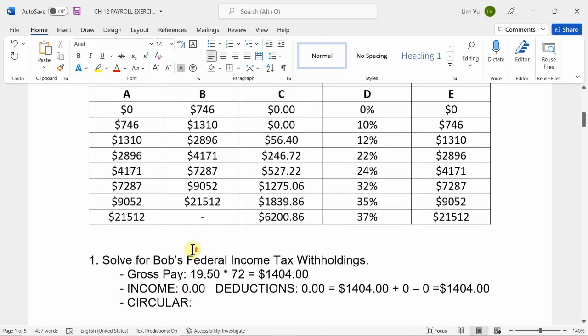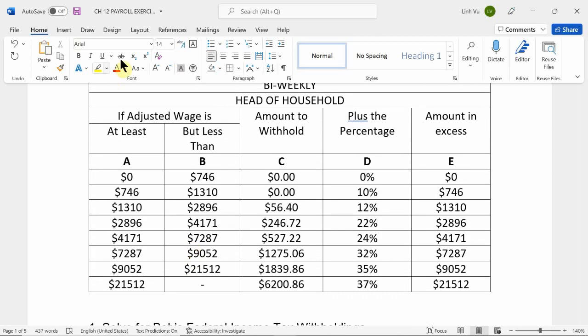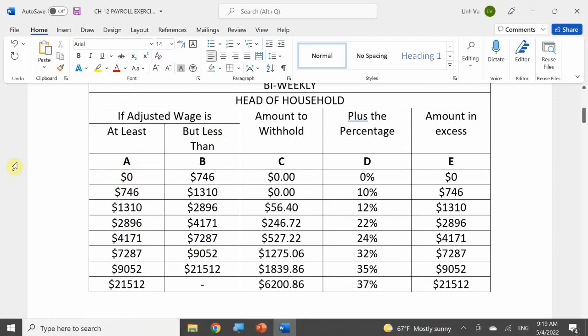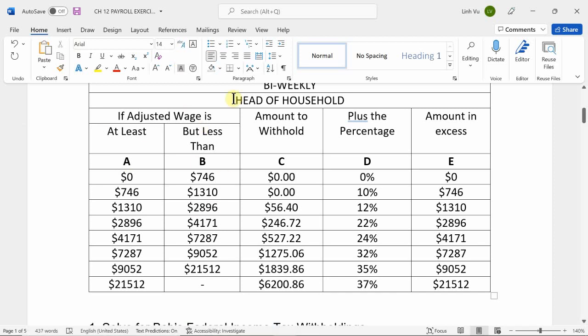He's earned 1404. Column A says how much did he at least earn, and column B says but did not earn over, so in this case, less than. Did he earn at least $0 but less than 746?